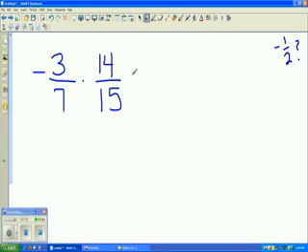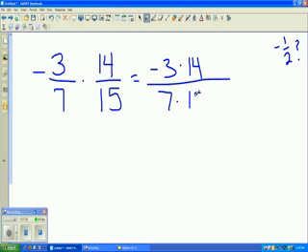And we already know one way to do that is to literally take negative 3 times 14 and then take 7 times 15, multiply those, and get our answer. But what I hope you're noticing is that these numbers are a little bit bigger than our last example.